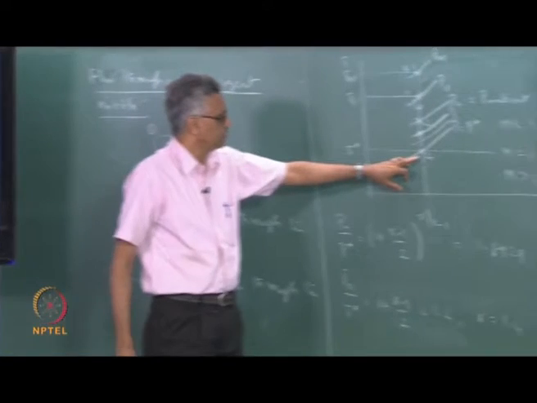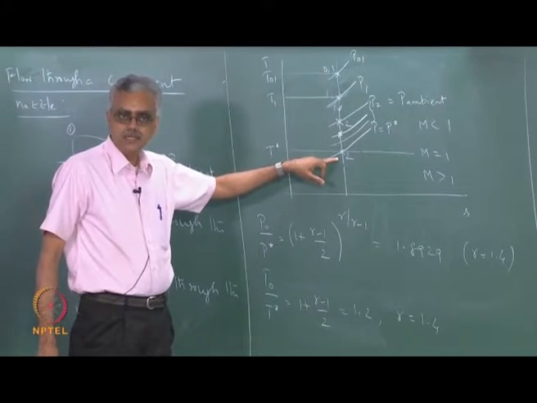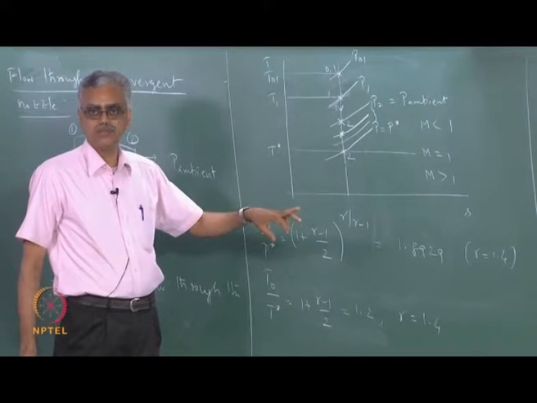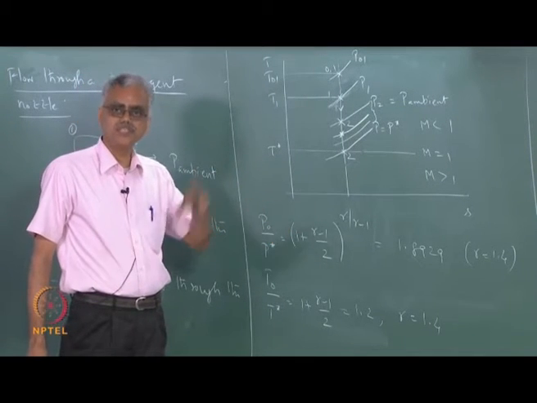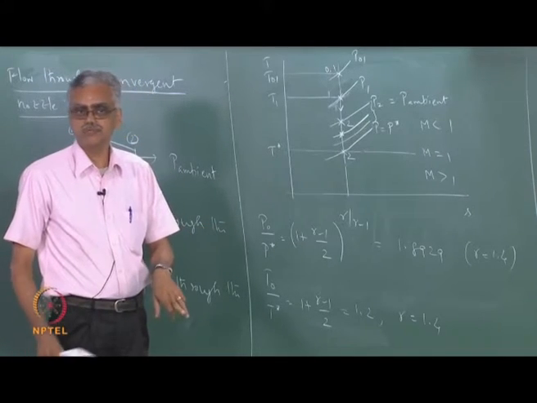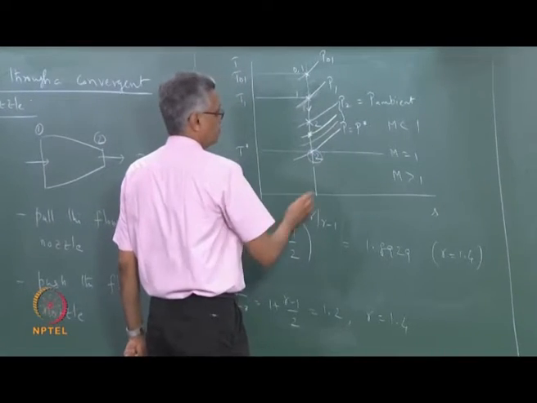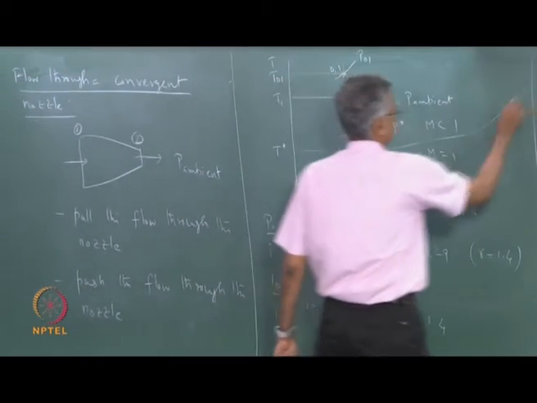So at this point the exit pressure is still equal to ambient pressure, and the ambient pressure itself is equal to P star corresponding to that value of stagnation pressure.